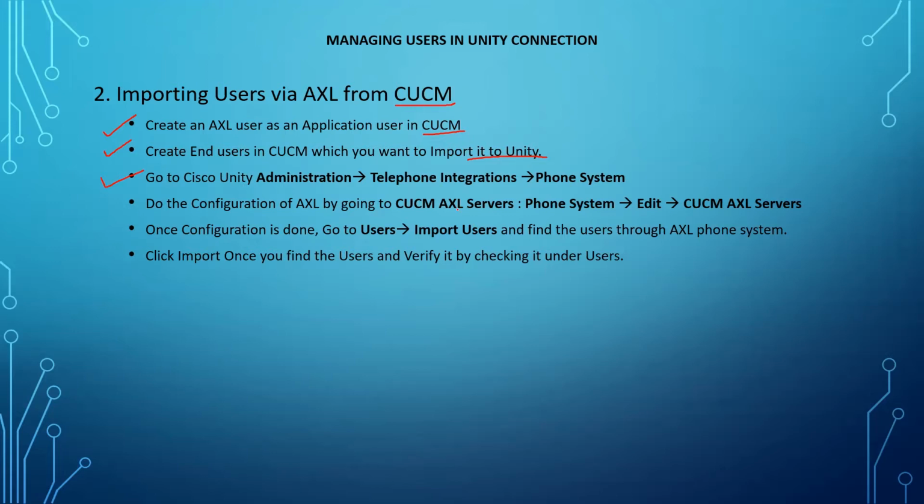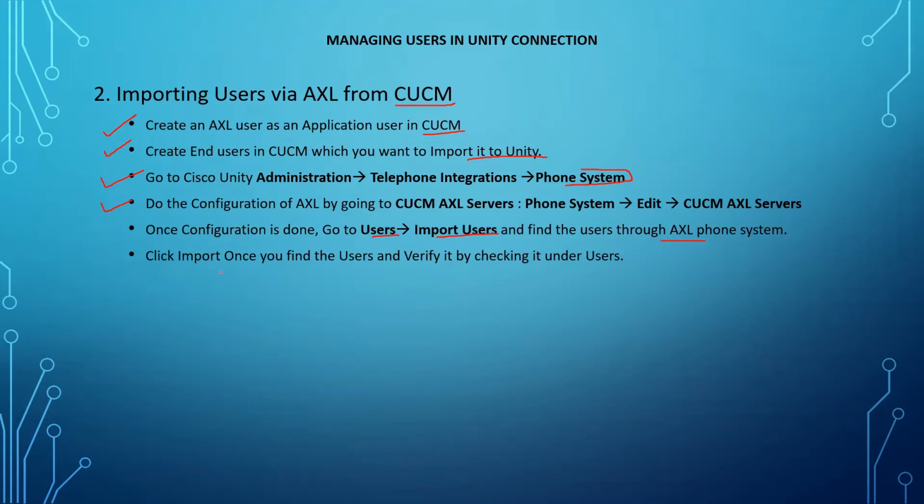And then once that configuration is done on the Unity as well as CUCM, you need to go to users and then click on import users, and there you need to find that particular phone system which you created here in Unity and select it as an AXL phone system. Like if I create a phone system named test AXL, it should show in the import users.